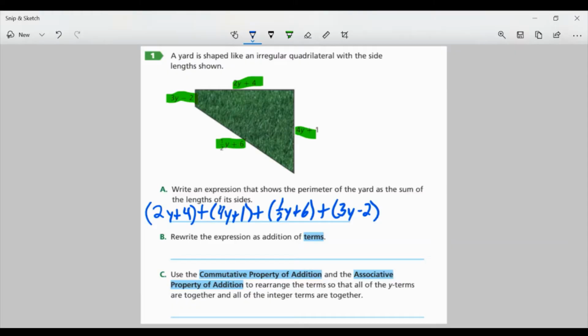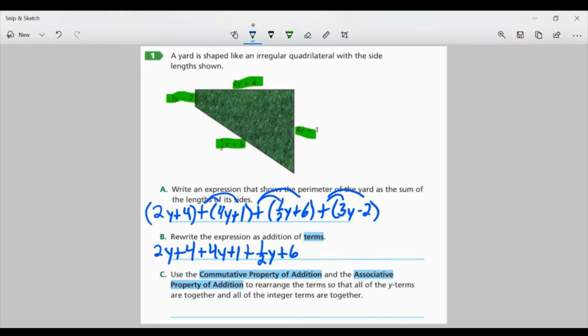Part B. Rewrite the expression as addition of terms. All they want us to do is rewrite this without the parentheses. And I have plus 4y plus 1. Remember, you're really distributing that positive sign, that plus, into each term inside the parentheses.